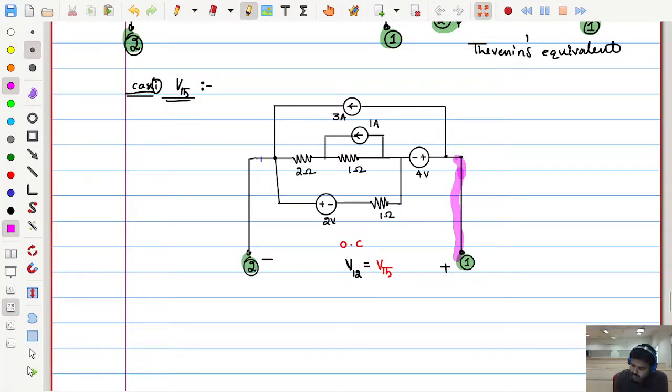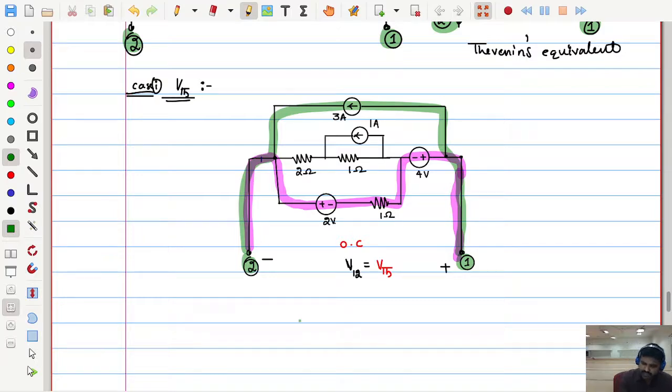I can move through these 4 volts, 1 ohm and 2 volts and back to 2, or I can travel directly through this path of 3 amperes. So it's your wish how you travel. I will be traveling through this pink color one.